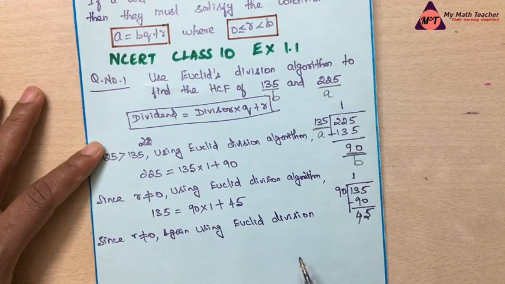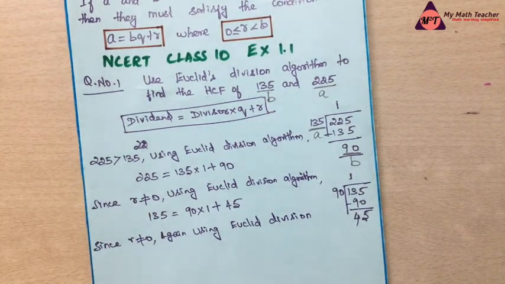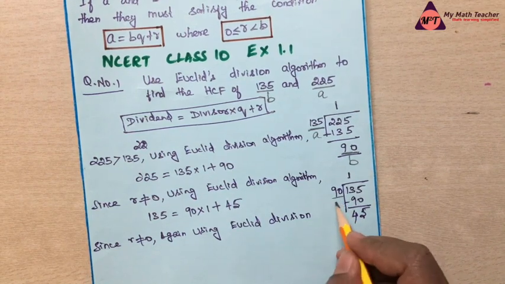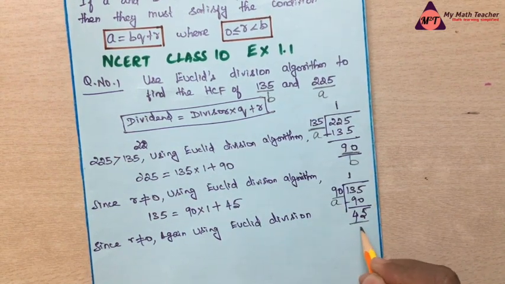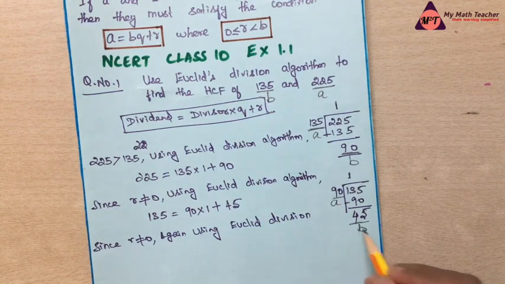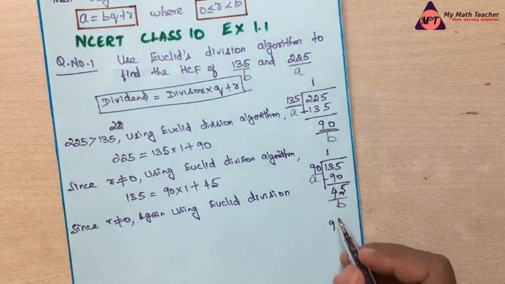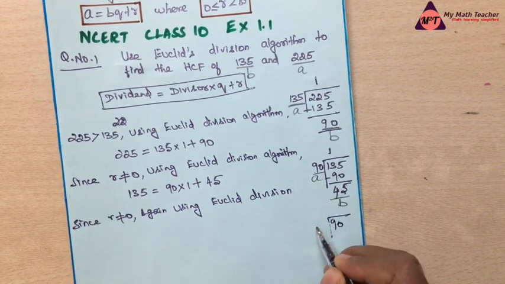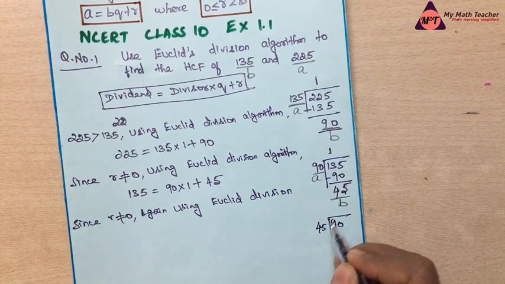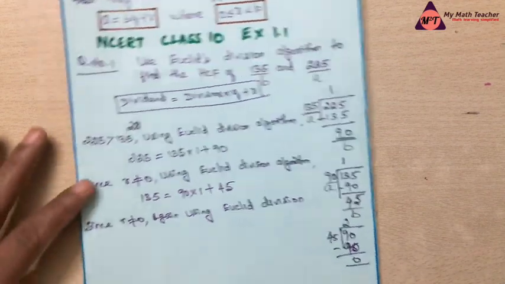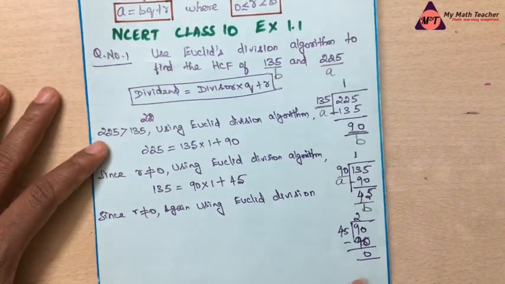We are going to perform the division again with which numbers? These two numbers. Now this is the dividend and this is the divisor, that is A and B. Now 90 will be divided by 45. So we know that 2 45s are 90. So the remainder will be 0.